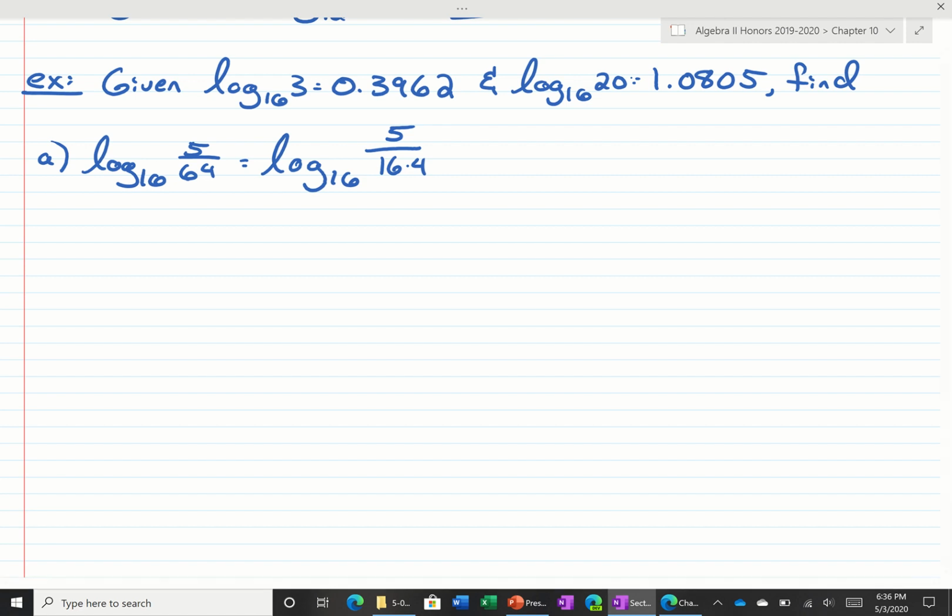And let's see. That's the same thing as saying log base 16 of 5 over, let's see here, 4 to the third.